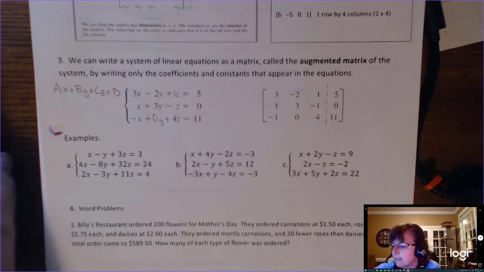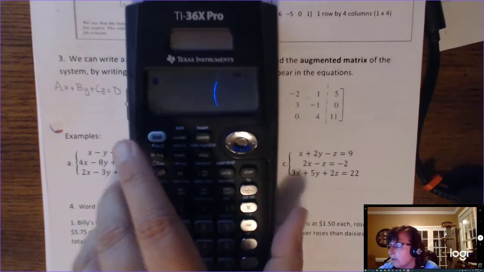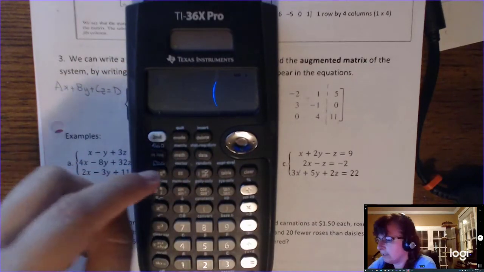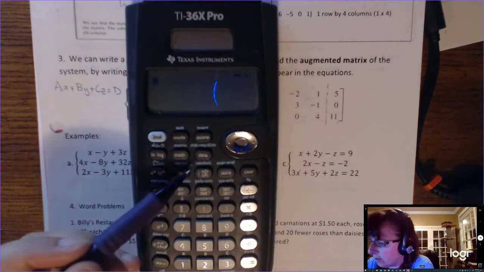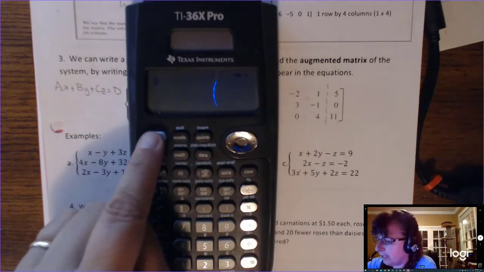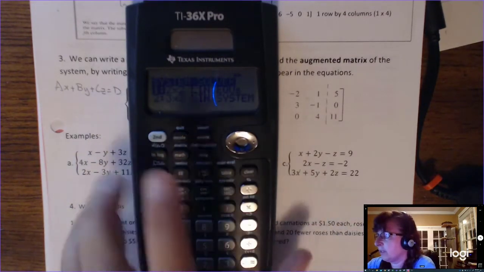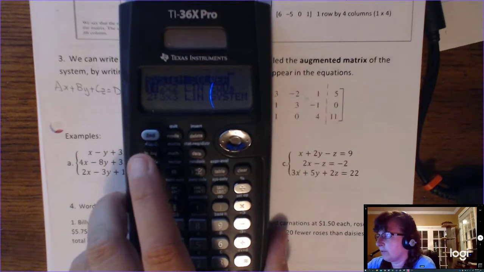And then if you have a TI-36X Pro, then you may have noticed there is something called a system solver. If you hit second and then that tangent button, you'll get the system solver, and it'll solve two types of systems.